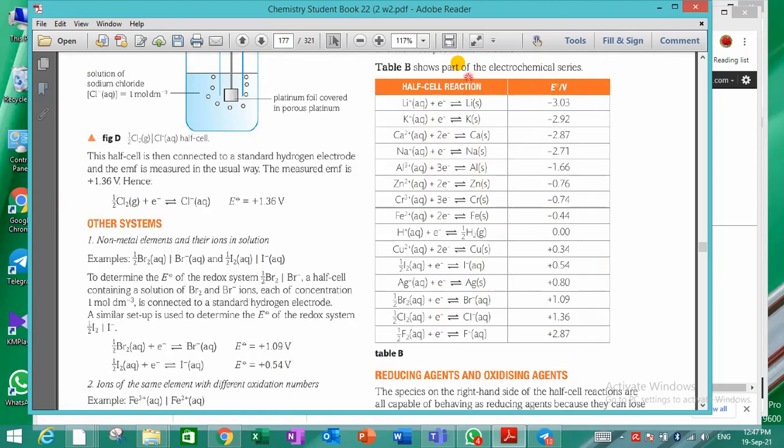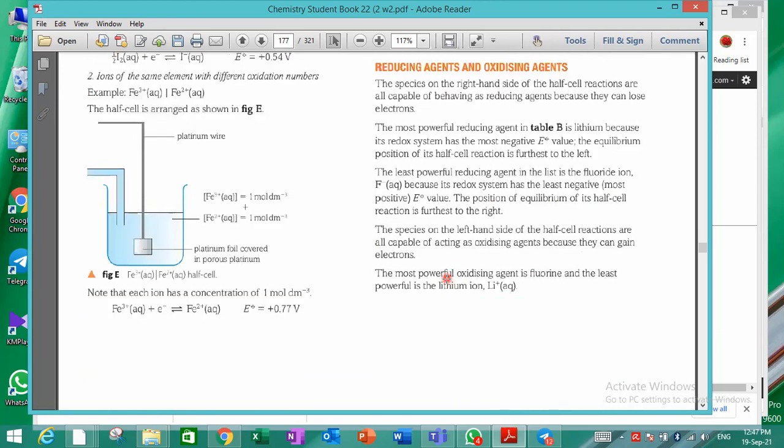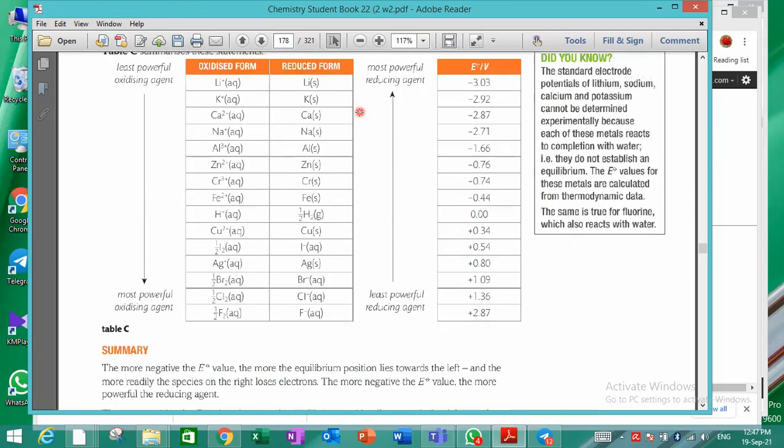And in this case, they are arranged in the form of what we call the electrochemical series, in which the more negative values are placed first, and then the less negative or the more positive until we get the most positive values. If we look at this table, it's the same table.